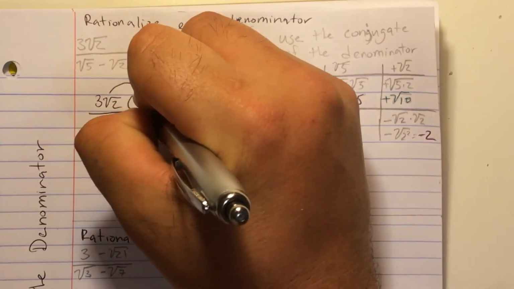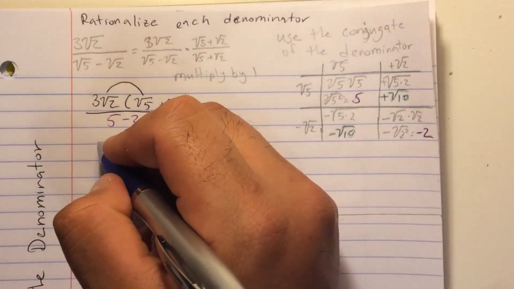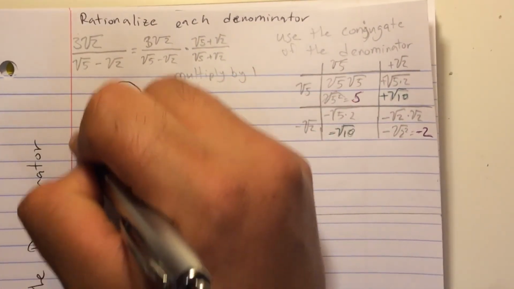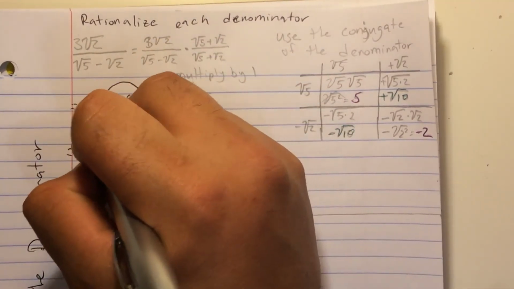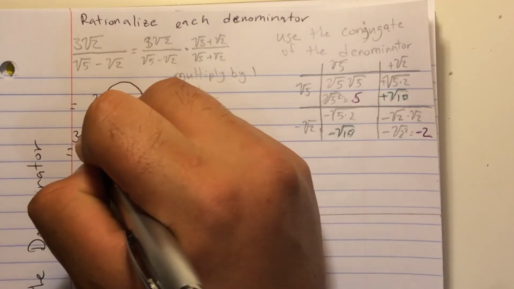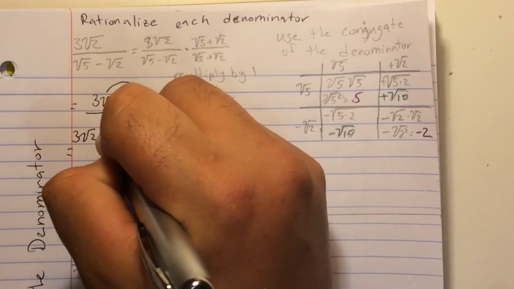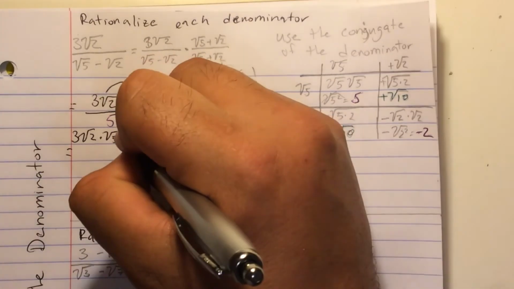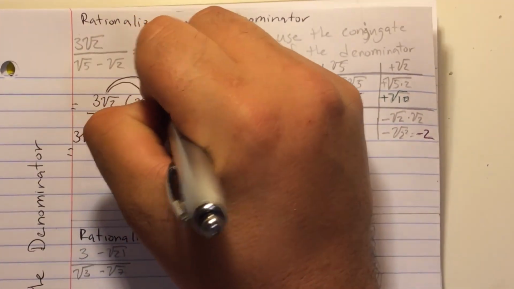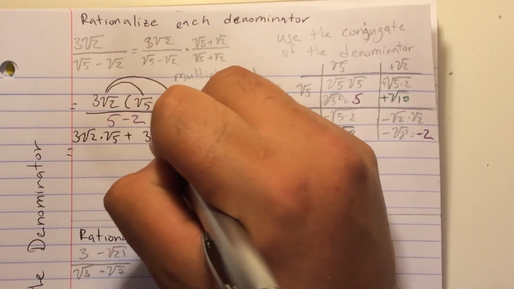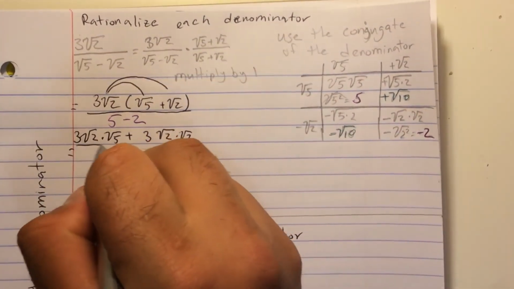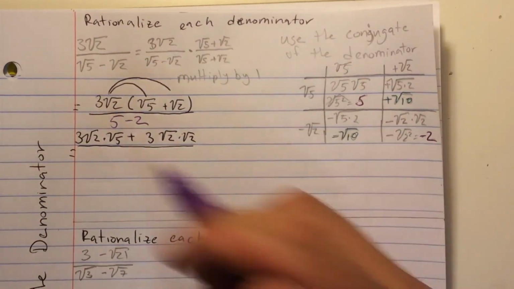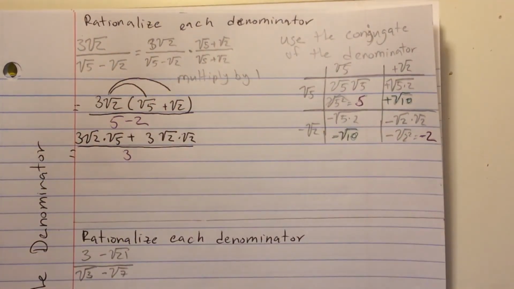So this equals 3 radical 2 times radical 5 plus 3 radical 2 times radical 2, all over our wonderful 3.